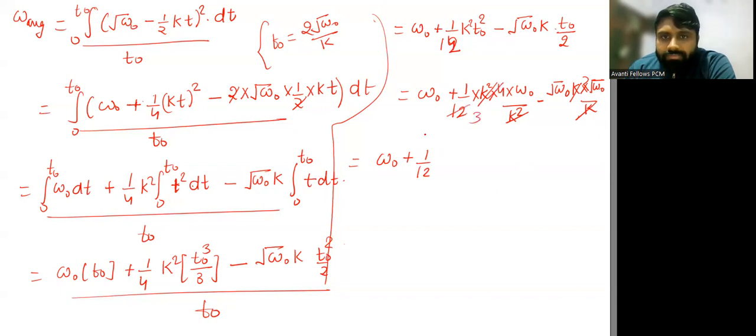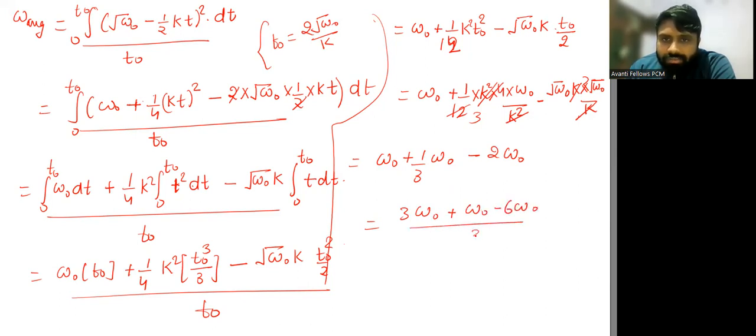or this 4 will cancel out this 12 by 3 times, so it is 1 by 3 omega naught minus root omega, and root omega will become omega into 2, so 2 omega naught. If you take the LCM, this will become 3 omega naught plus omega naught minus 6 omega naught divided by 3.